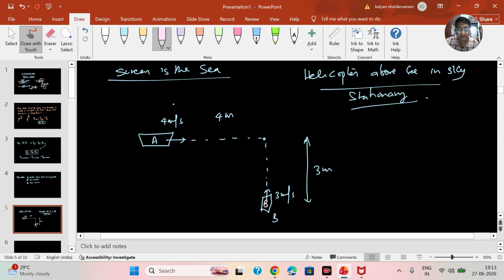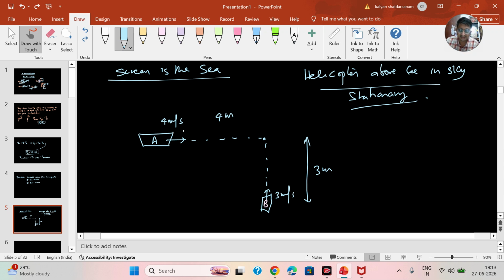Let me write B here inside and erase it here. Now he knows that this ship A would reach this point in 1 second because there is 4 meters distance and it's coming with 4 meters per second. Similarly, this ship, which is at a distance of 3 meters, is coming with 3 meters per second. So in 1 second, it would be here. So in 1 second, both are about to collide.